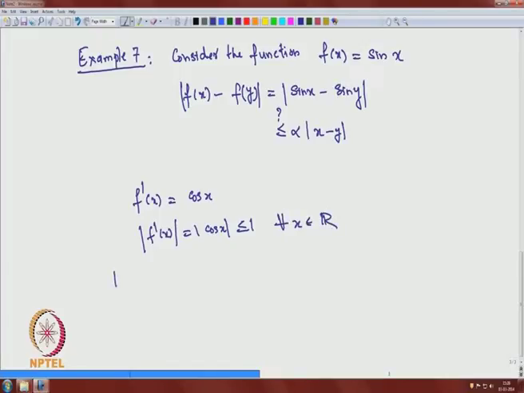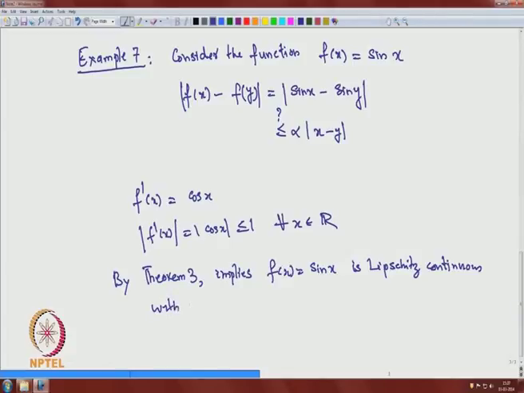Therefore, by Theorem 3, the sufficient condition for Lipschitz continuity, this implies f(x) equal to sin x is Lipschitz continuous with the Lipschitz constant alpha equal to 1.